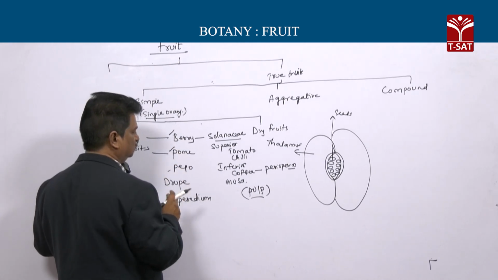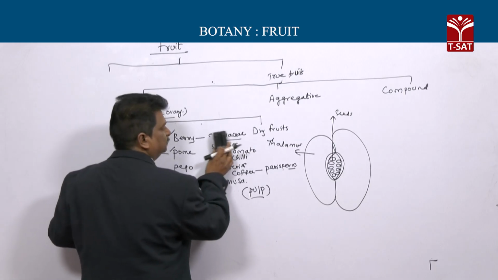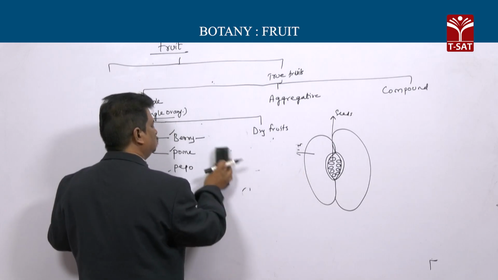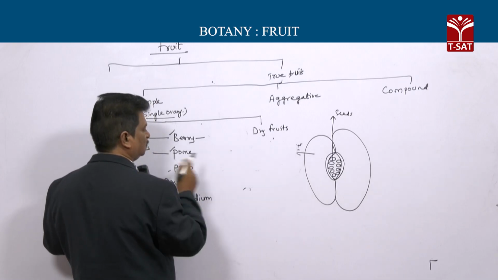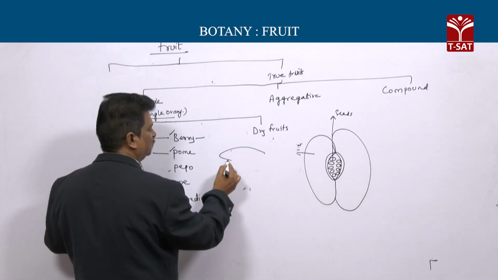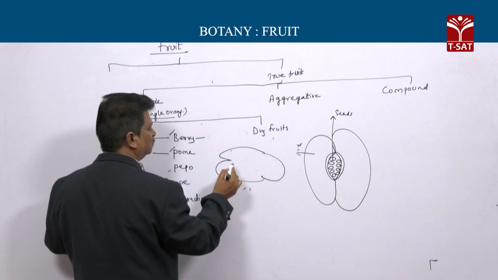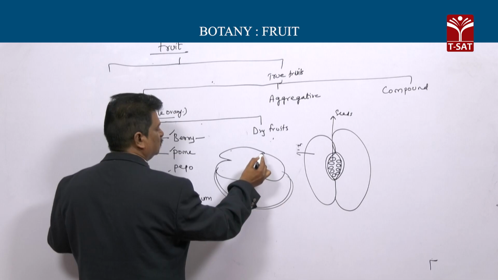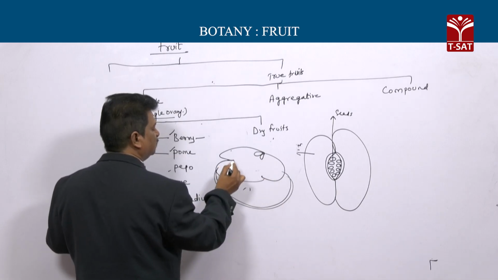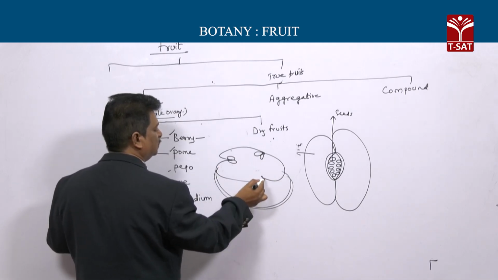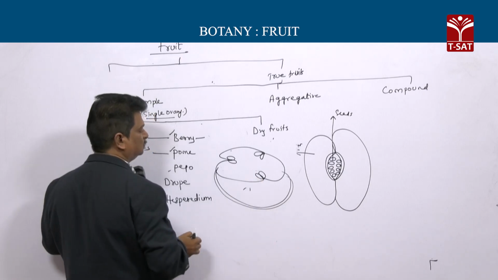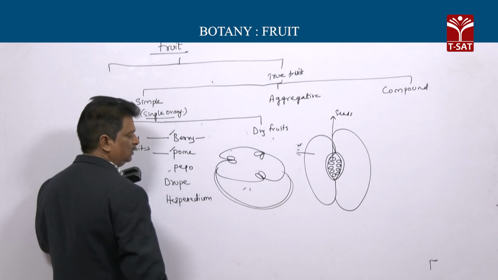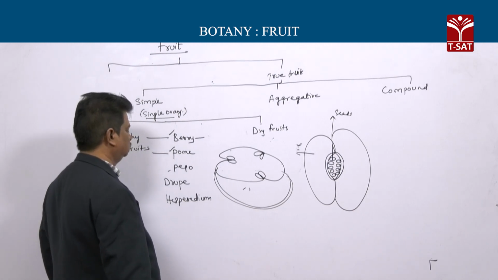Next one, pepo. Pepo is the characteristic fruit of Cucurbitaceae. The fruit is developed from a tricarpellary, syncarpous, unilocular ovary with parietal placentation.